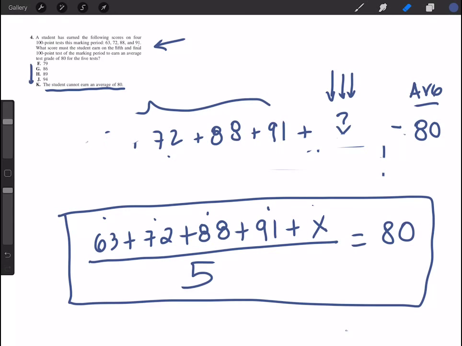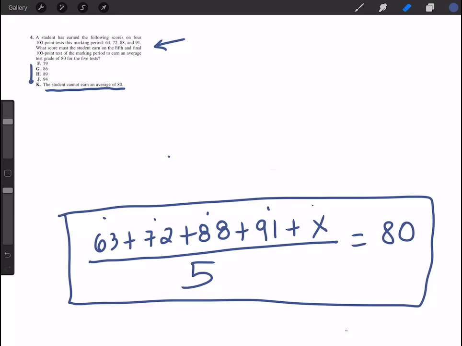So to solve, we need to know, obviously, a little bit of math here. We need to know that because we have these values adding on the numerator, the 63, the 72, the 88, the 91, and the x, we can actually add these numbers, the 63 plus 72 plus 88 plus 91. I'm going to show you on the TI how to do that, but right now I'm just going to work this on the side.